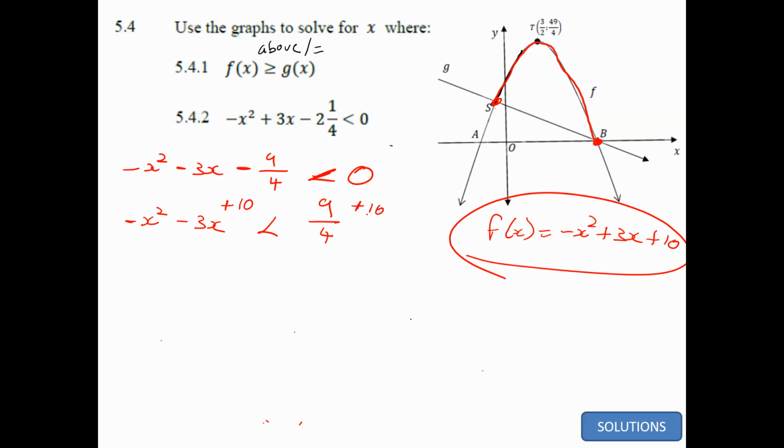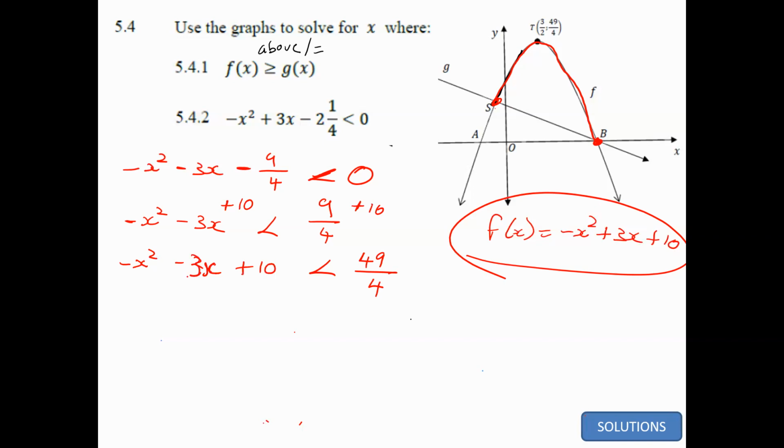Are you with me? So that means minus x squared plus 3x plus 10 is less than 9 over 4 plus 10. On your calculator, you can use a calculator for that, 9 over 4 plus 10 is 49 over 4.